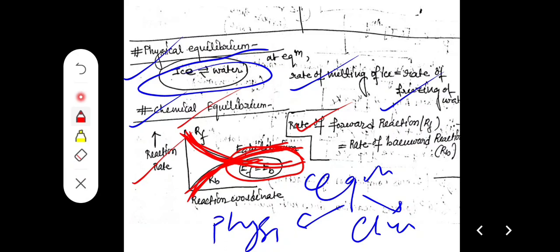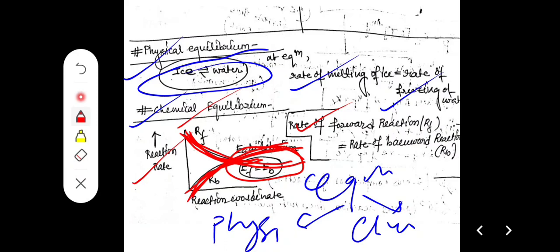When reactant concentration decreases, what does it mean? Not much reactant is available, so the rate decreases. But when product formation begins, as time goes on, more and more product forms, so the reaction can go backward.